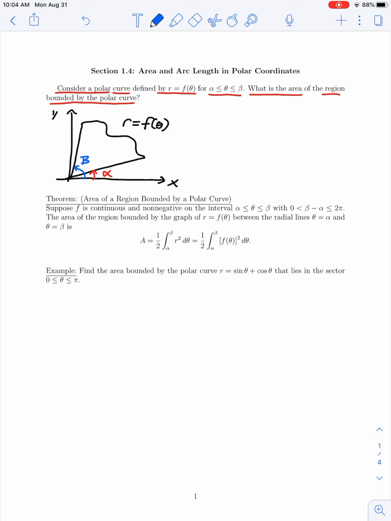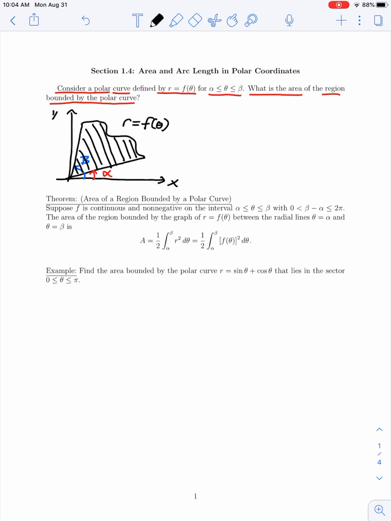What we're interested in is determining the area of this shaded region, which lies between those lines determined by the two angle measures alpha and beta, and lies inside of that polar curve. When we say inside, we mean closer to the origin than that polar curve.